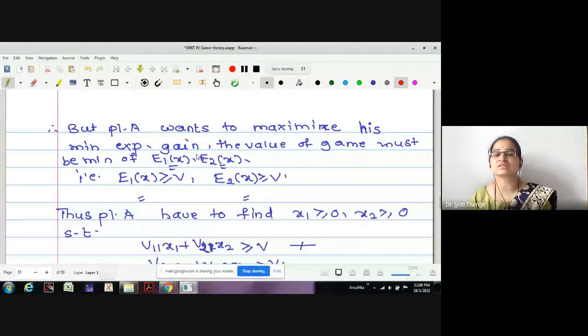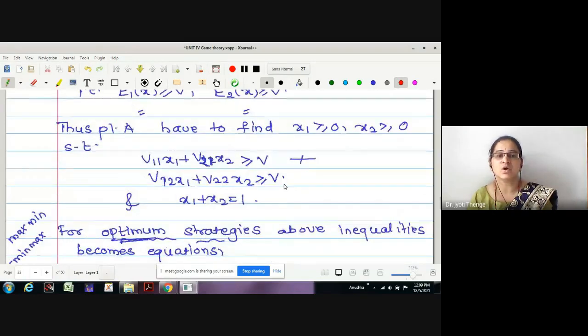Therefore, this minimum gain is going to satisfy E1 of x is greater than or equal to V, and E2 of x is greater than or equal to V, because we are going to select the minimum among the two. If it is the minimum, both the values are greater than or equal to the value of the game.